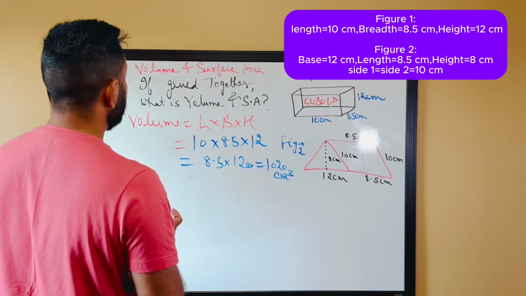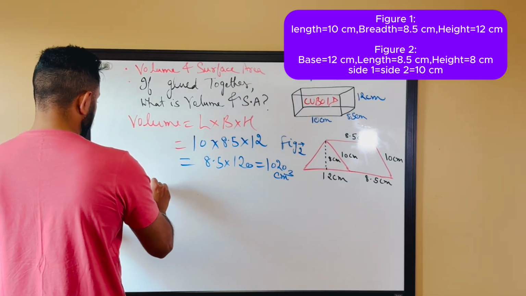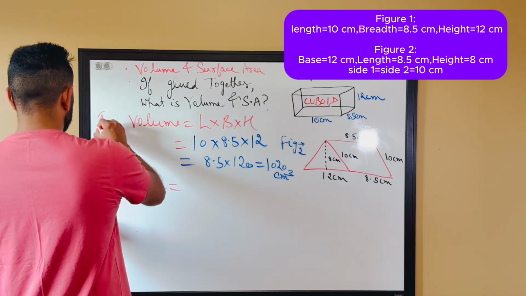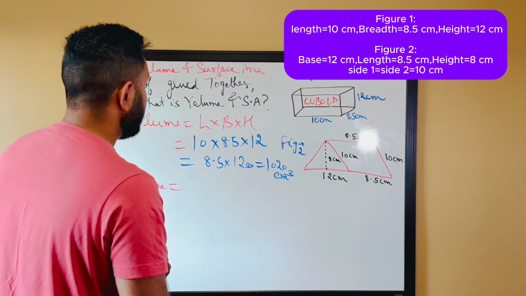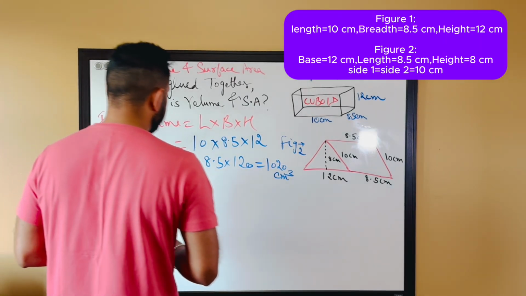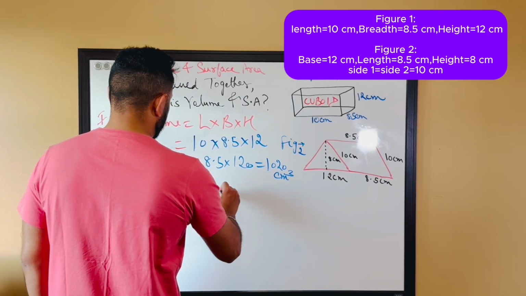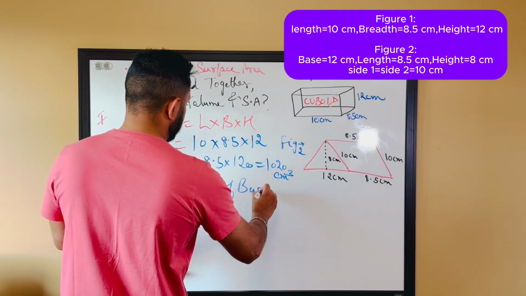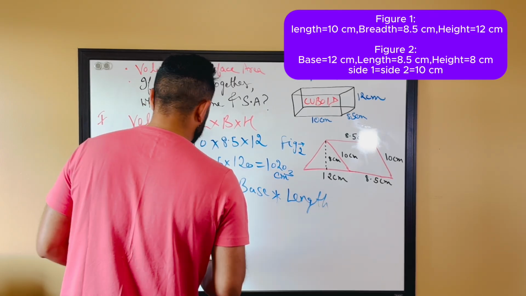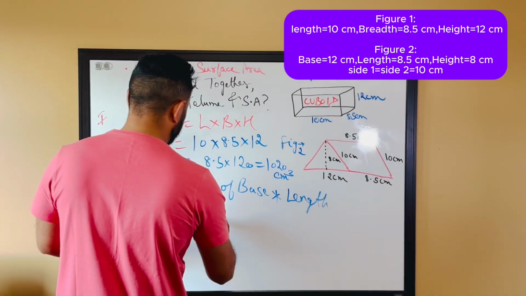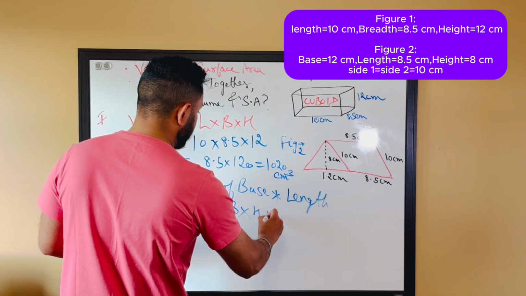Now we're gonna do the volume for figure 2. The formula for the volume of a triangular prism is the area of the base into length. So area of the base is half base into height, into length.